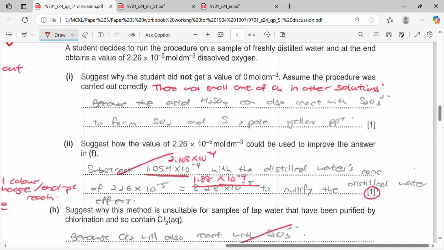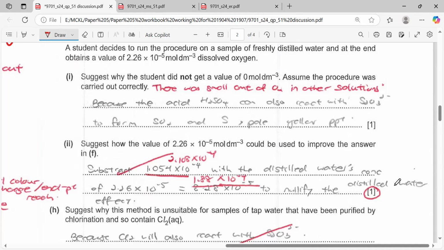You have to subtract. Subtract from the 2.108, which is the river oxygen, because not only the river had oxygen, the remaining three also had some oxygen, which is 2.26. So the oxygen from the remaining three has to be subtracted out. Take 2.108 and subtract 2.26. Therefore the final one is 1.8.